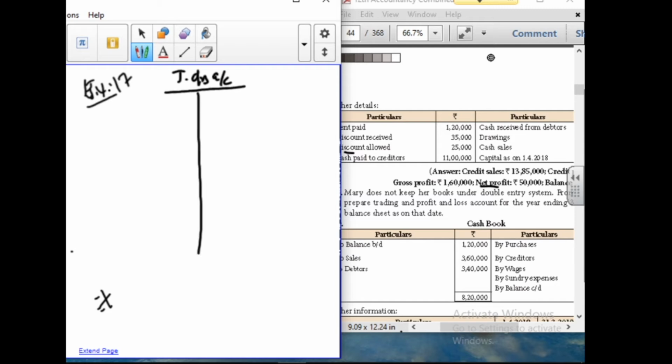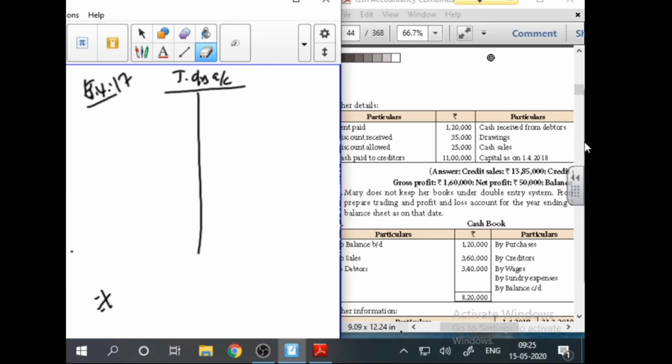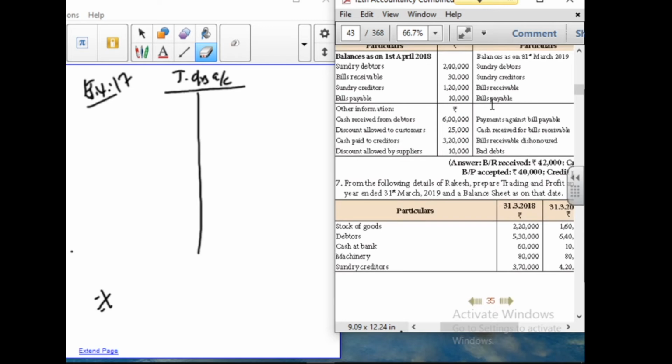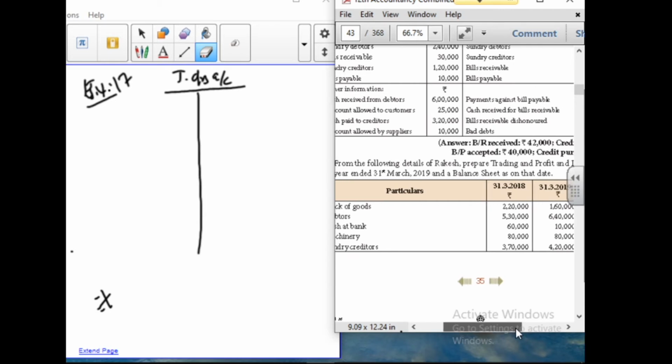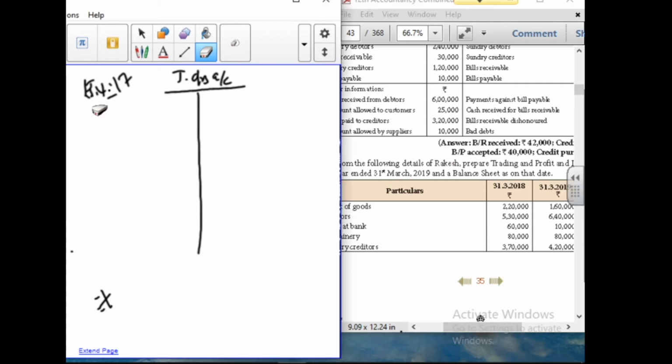Just look into the question. This is the informations available. Debtors amount here, it is a debtors amount. Debtors amounted to opening balance, to balance brought down, the amount is rupees 5,30,000.